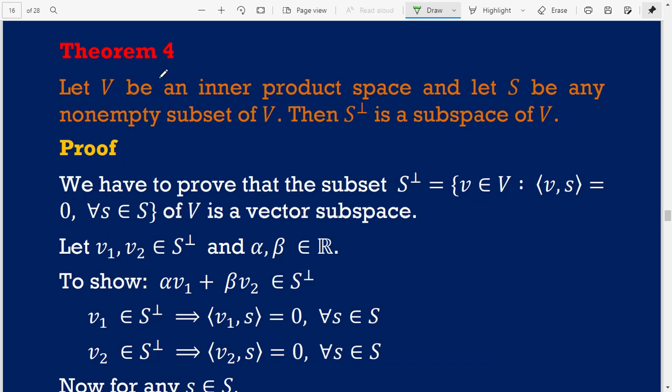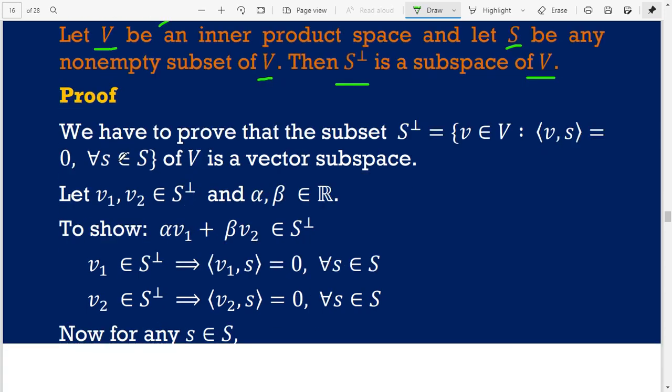Theorem 4: let V be an inner product space and S be any non-empty subset of V, then S orthogonal is a subspace of V. Proof.